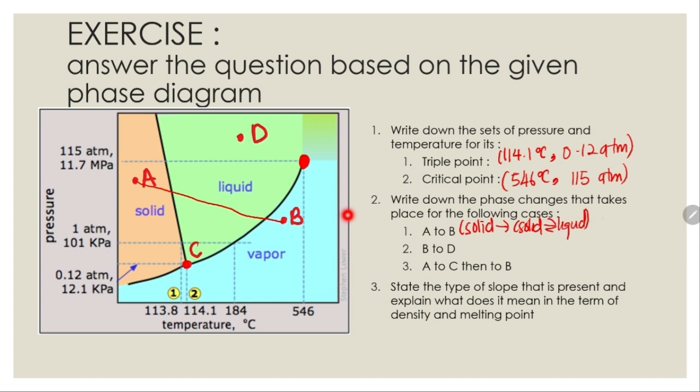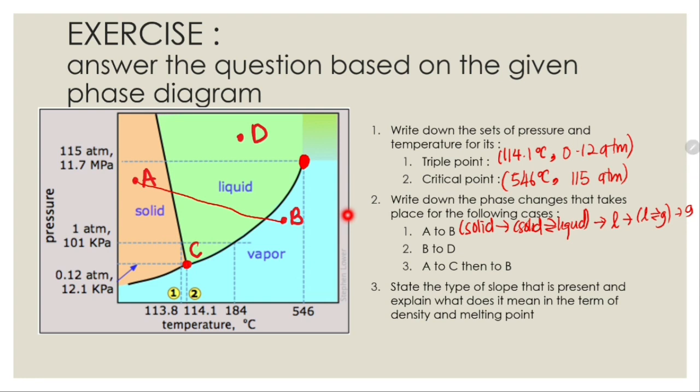Then it goes to liquid, then to another equilibrium between liquid and gas, and finally as a gas. I write it in short form because my space is limited.